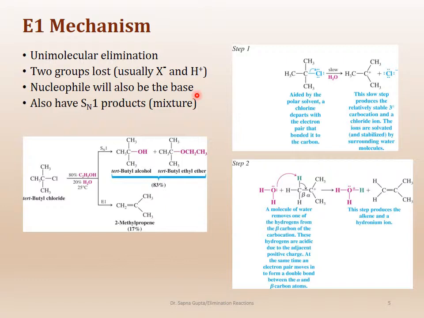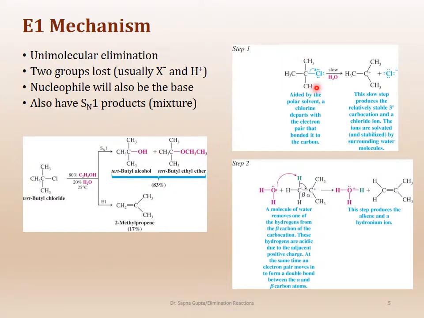Here in E1 and SN1, it's not so critical. And with the E1 mechanism, you also get SN1 products, which means that this is a very messy reaction. If you understand mechanisms of reactions, you can actually predict what's going to happen to your reaction system.